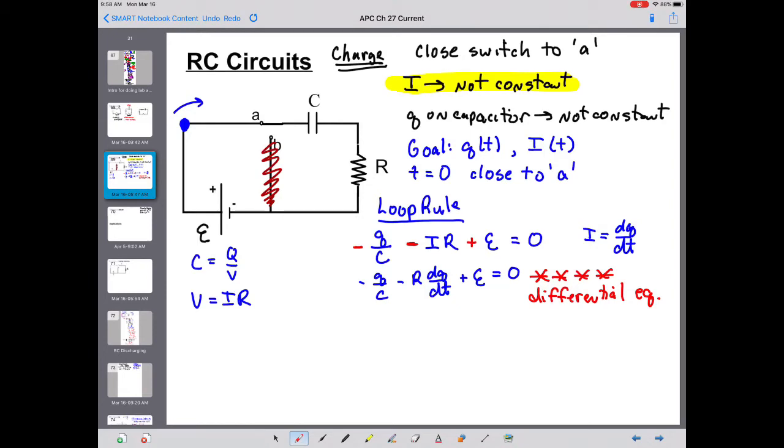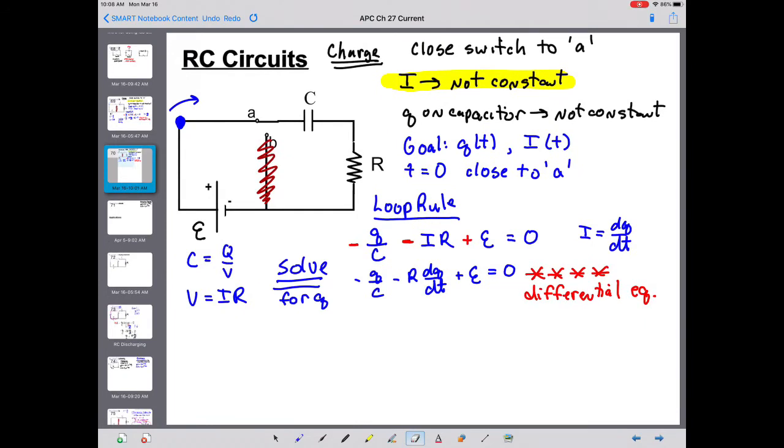Once you put that dq/dt in, you have a differential equation. Differential equations are not hard to set up, but they can take a little bit to solve. Our goal is to solve for Q, more specifically to solve for a Q of t equation.